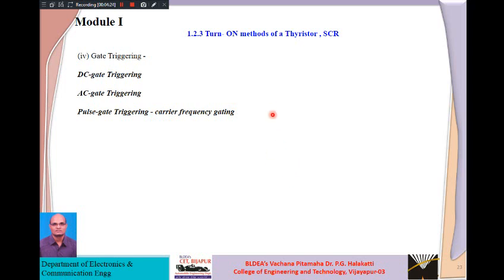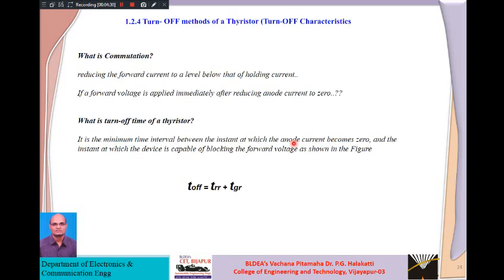Depending on the latching current definition, next we shall see the different turn off methods of SCR, the turn off characteristics of SCR. How can we make it turn off? Because once you trigger the SCR and remove the gate signal, it will be on for a long time.